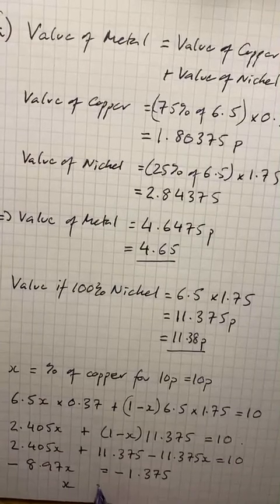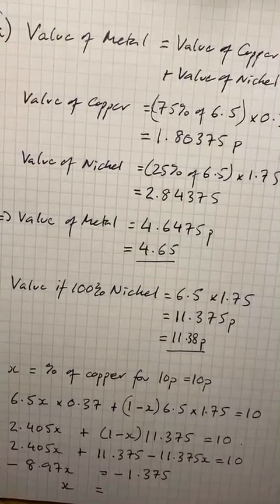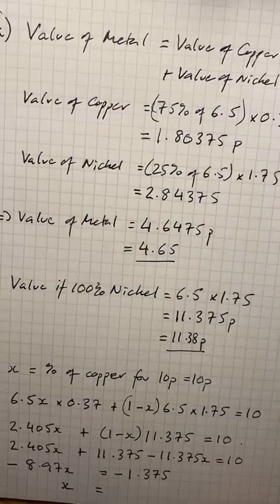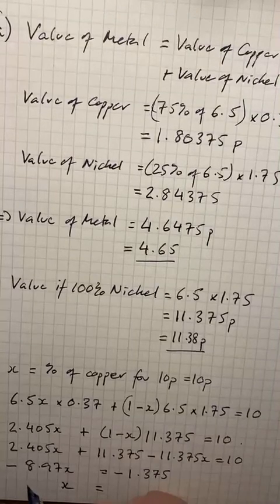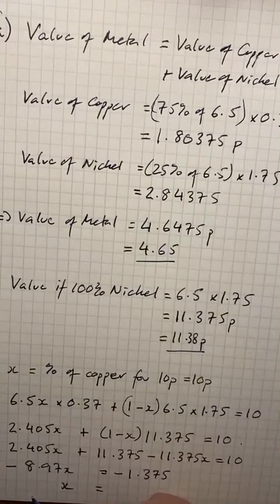So x, the percentage, is minus 1.375 divided by minus 8.97.